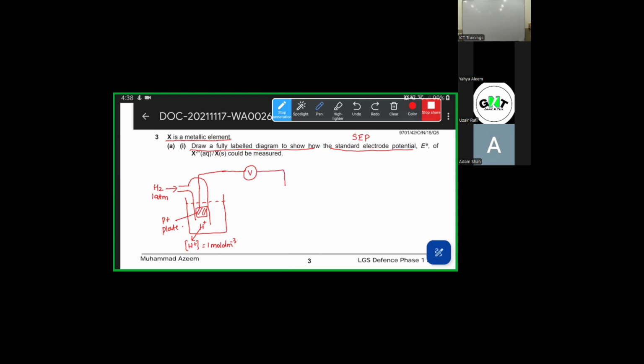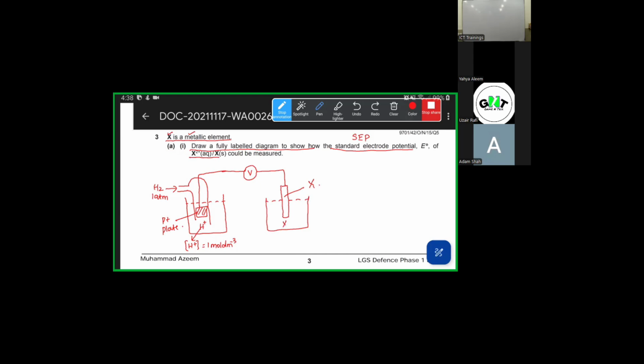And on the other side, he said X is the metallic element. So if you look up here, you have X and X plus 2. X is a metal, so take a rod of the metal X and put it into the beaker in which the X plus 2 ions are present.